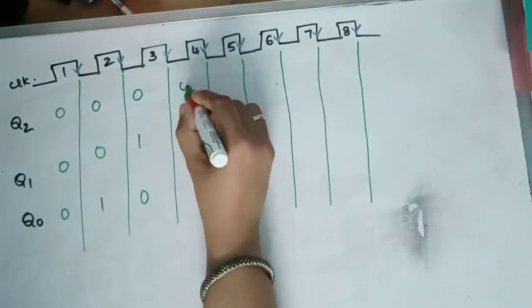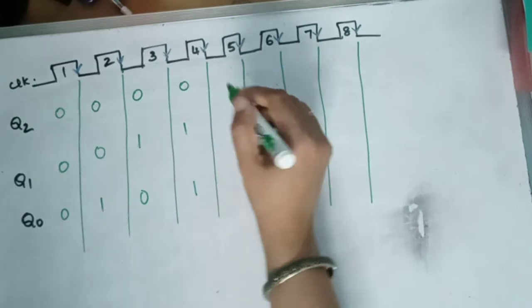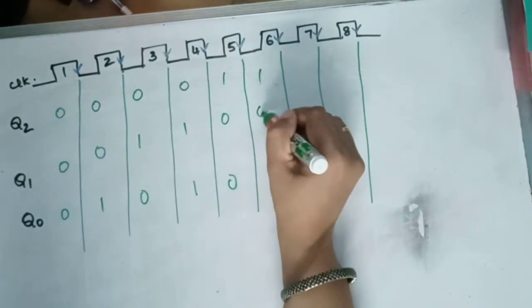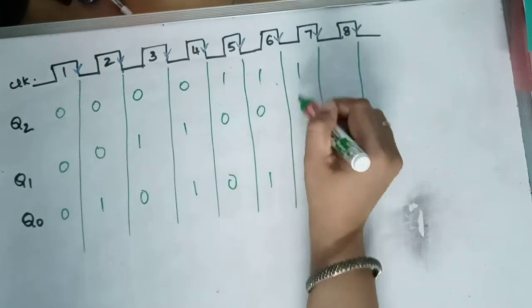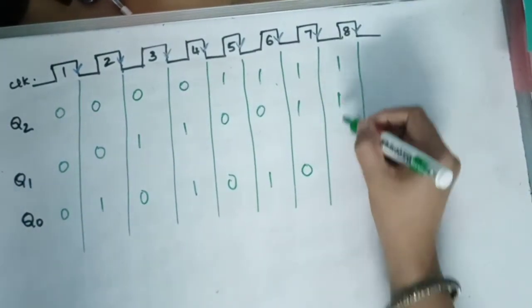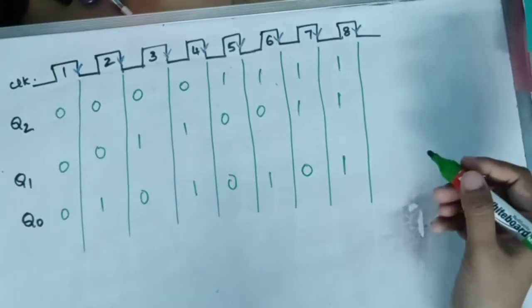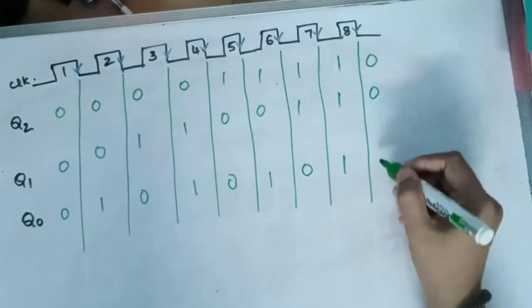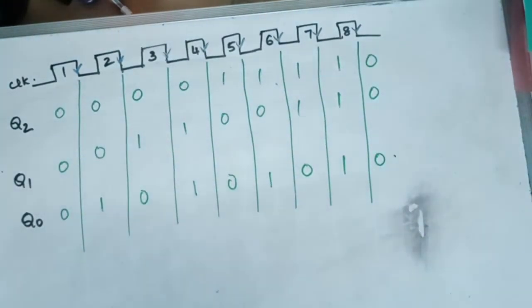After clock 3, it is 0, 1, 1. Clock 4, it is 1, 0, 0. Then clocks 5, 6, and 7. After that, if I apply another clock, it will go to 0 again. So this is my actual truth table.